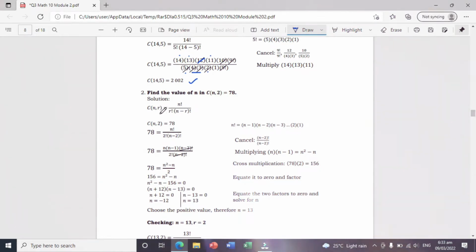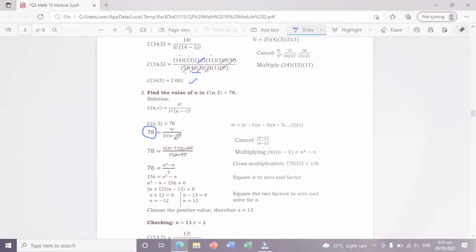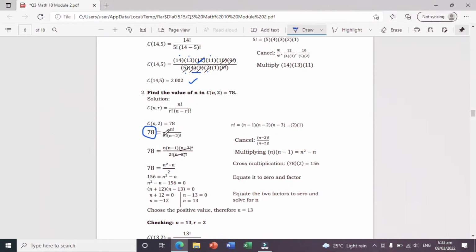Since C(n,2) is 78, we have n factorial, we don't have the value of n yet, over 2 factorial times n minus 2 factorial.